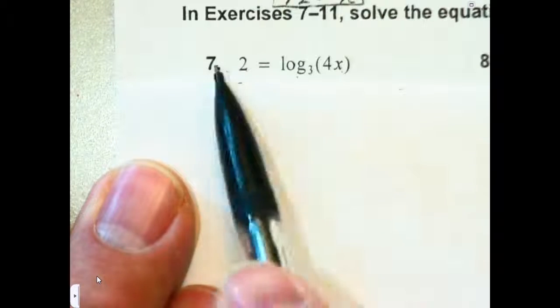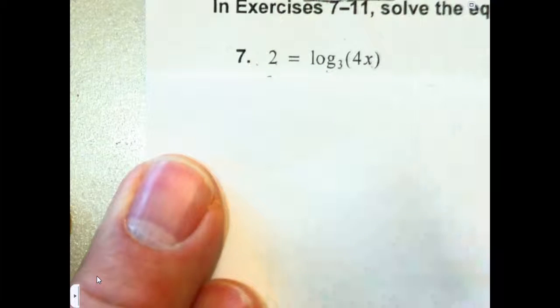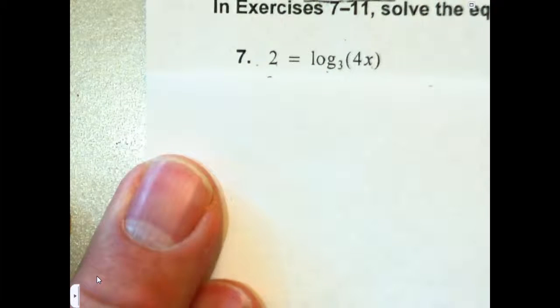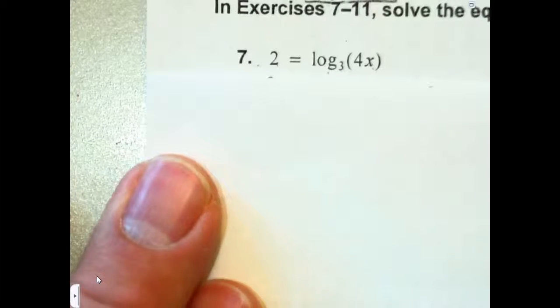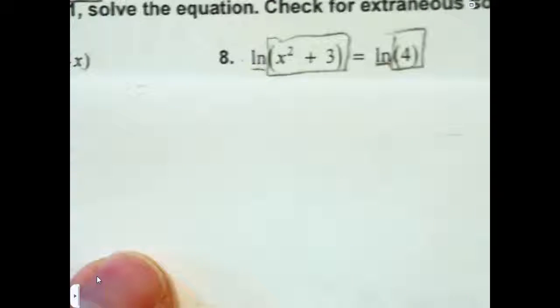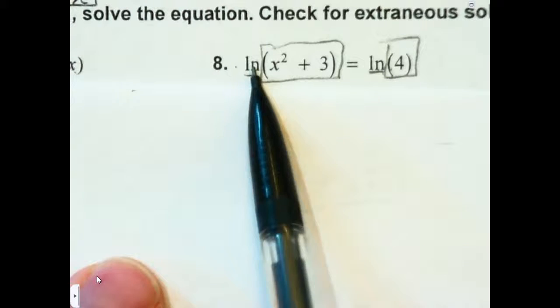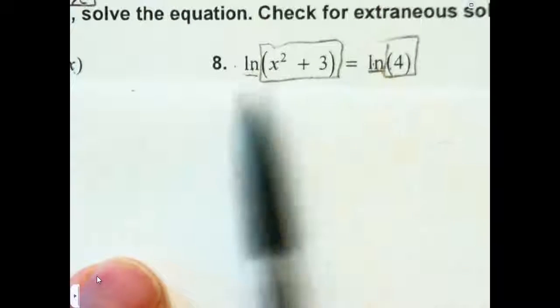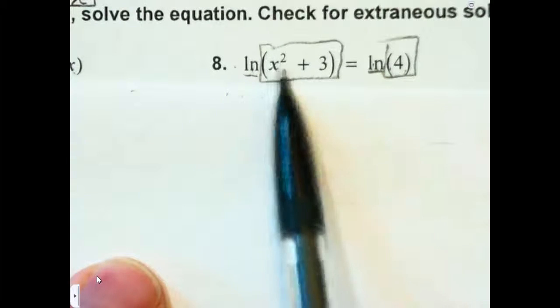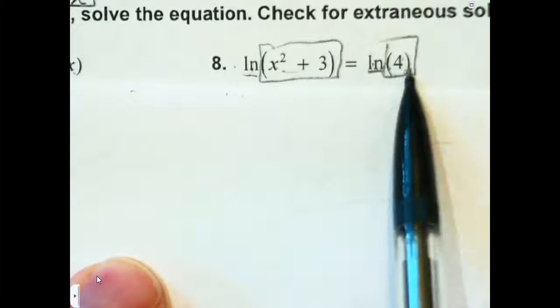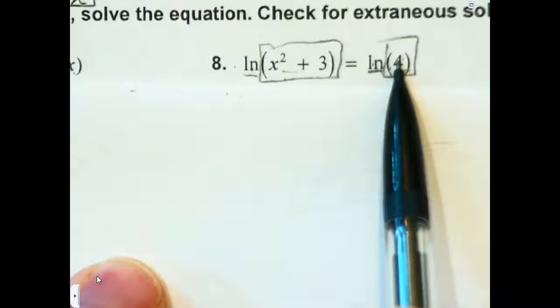No. If they were both the same log, then you could just set the parts equal to each other, the thing you're taking the log of. For instance, on number 8, log and log, they're both base E. Therefore, this must equal that.